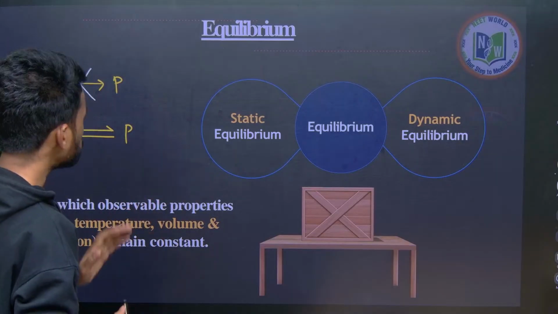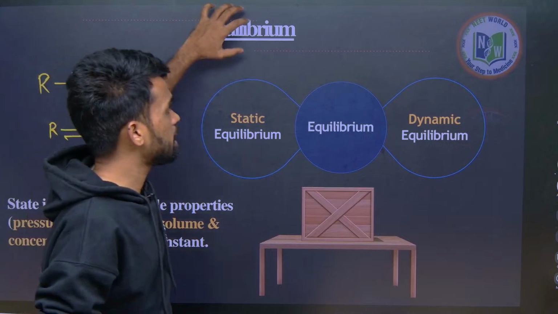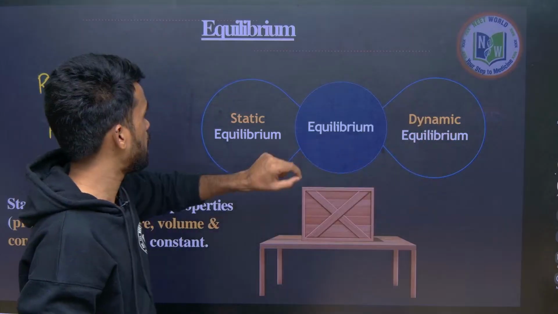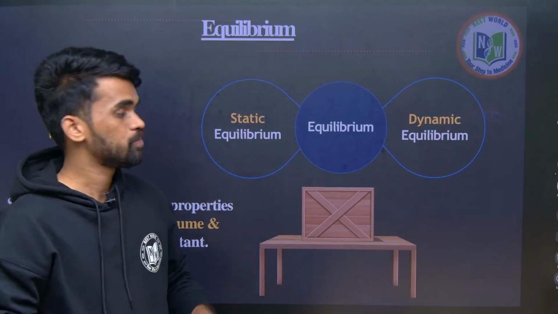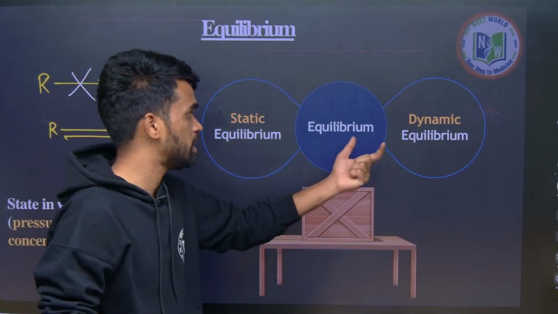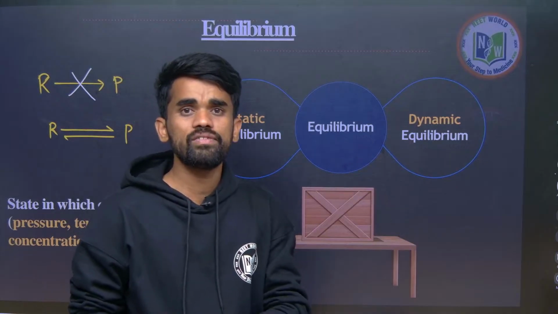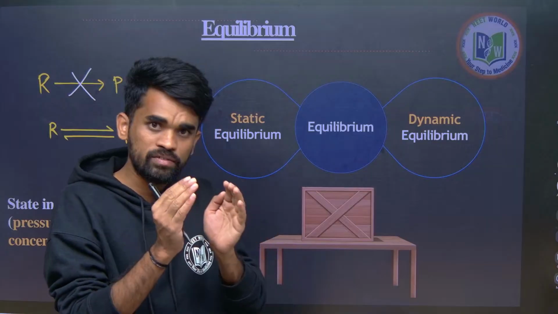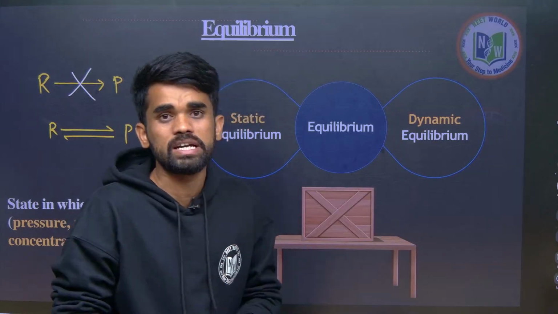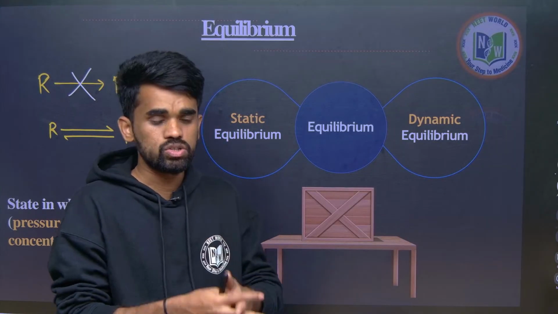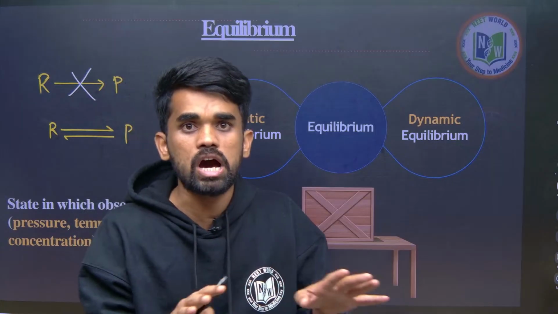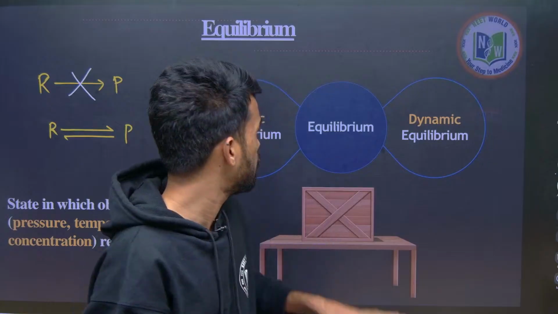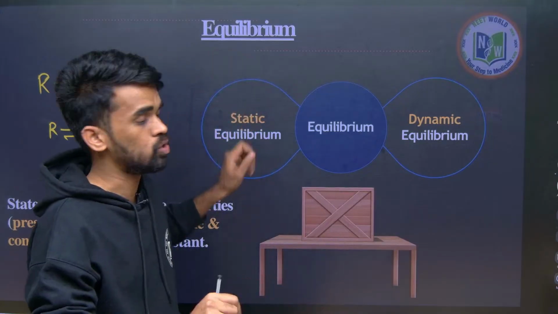Now this equilibrium is of two types again. One is dynamic equilibrium and another one is static equilibrium. Whenever we say static equilibrium, whatever substances are participating in the reaction, the complete system remains constant. There is no movement in the reaction.